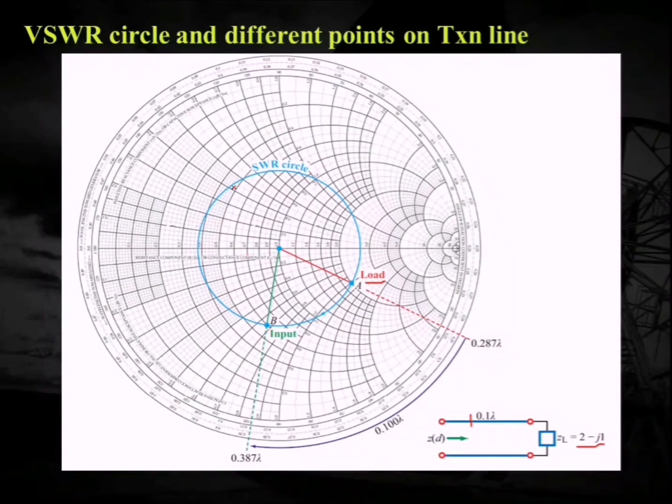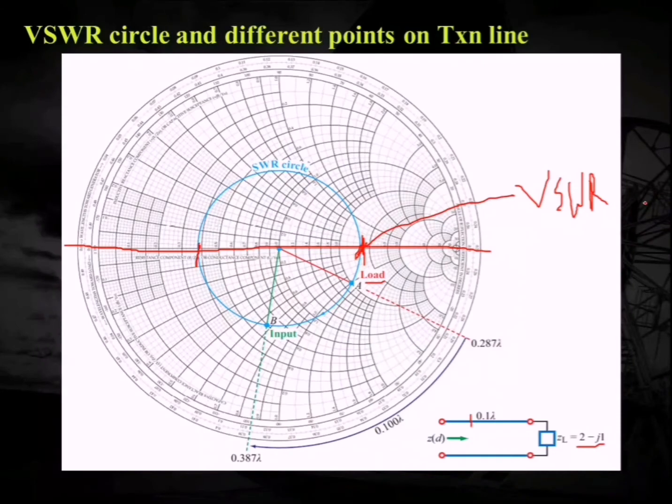Now after obtaining this VSWR circle, we can see that it is cutting this line at 2 points, one over here and the other over here. If I look at this right side point, then the value at this point will give me the value of VSWR.